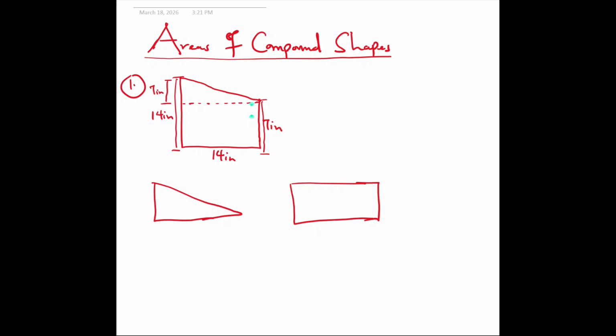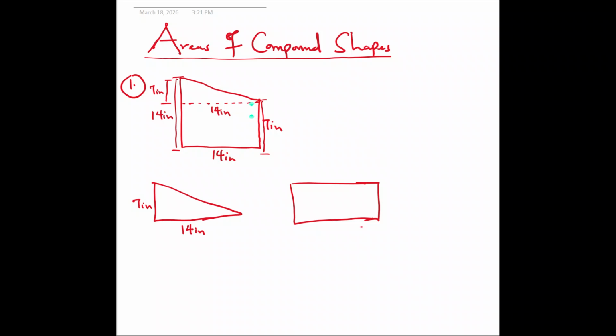Now the height of this right angle triangle will be 7 inches, and this side is directly proportional to this side. So if this side is 14 inches, this side will definitely be 14 inches. So the base of this triangle will be 14 inches.